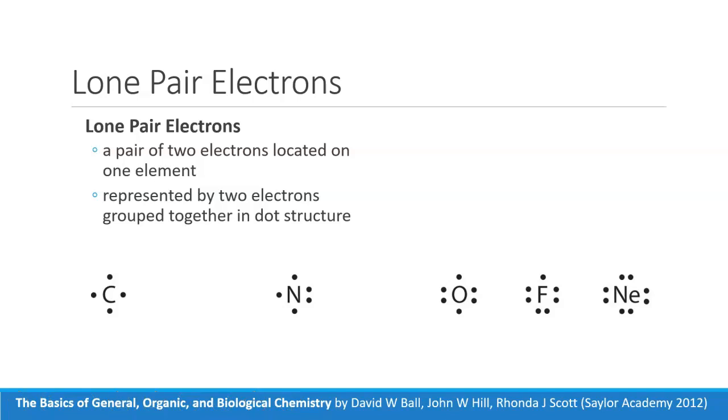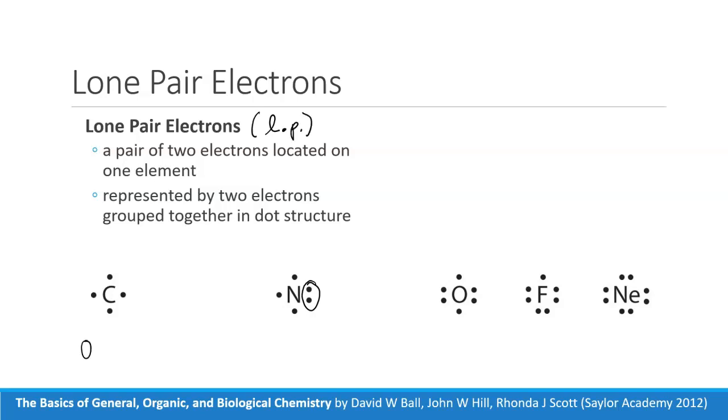Now, notice how for nitrogen, it had that pair of electrons and we didn't bond it with anything. So when you have a pair of electrons that are already together on an atom, we call those lone pair electrons. And they're going to be represented by 2 electron dots that are grouped together in the dot structure. And so carbon, notice how it doesn't have any lone pairs. And I'm going to abbreviate lone pairs in the future as LP.